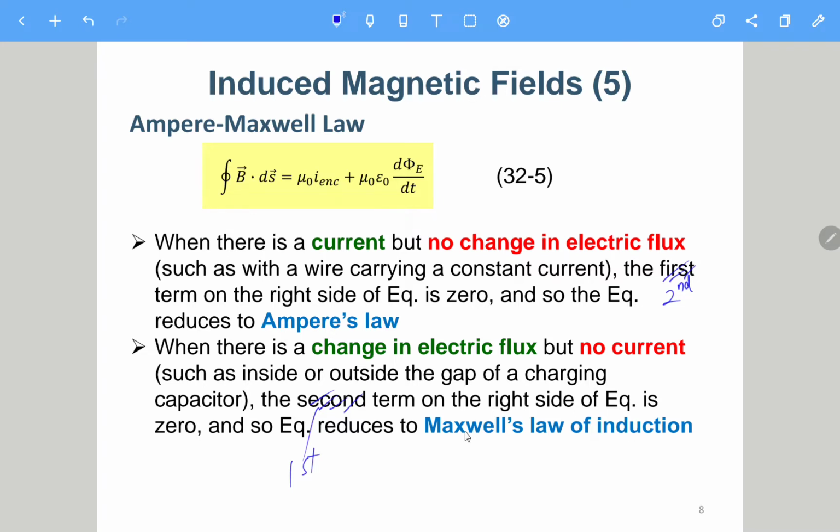Okay, so that's how we determine whether either of them is 0, and if one of them is non-zero, then there will be some induced B field. Okay, so far any questions?